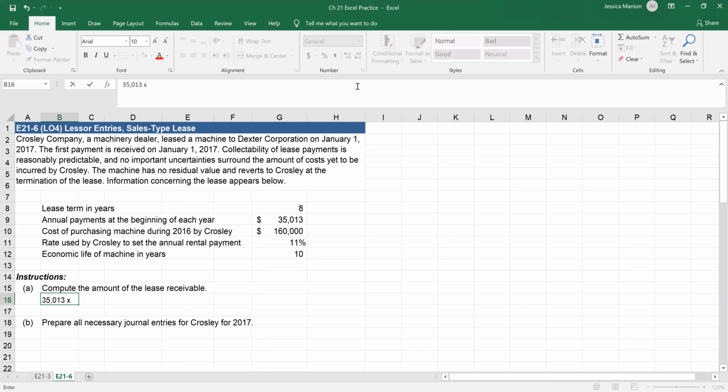Remember, present value of annuity due factor, 11% for 8 years. Getting my tables pulled up here. Present value of annuity due.